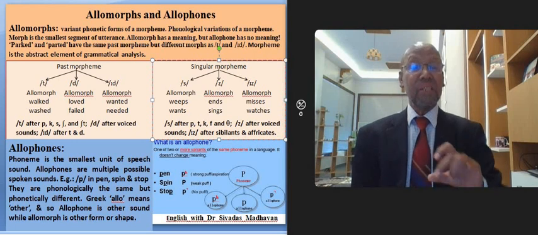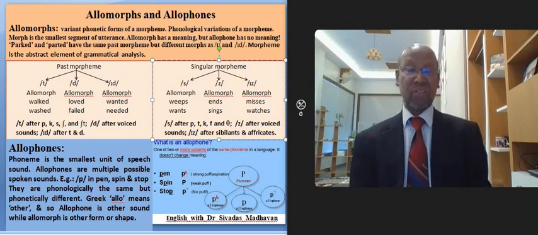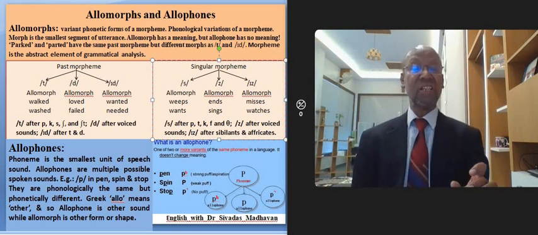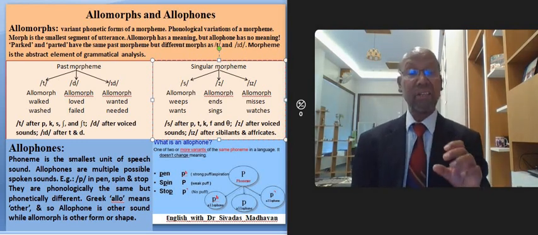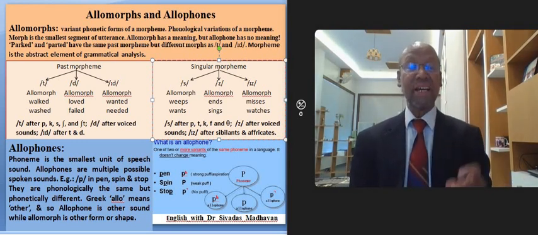And in the case of sibilants and affricates, the sibilants are s, z, sh, ch, j, x, etc. After sibilant sounds and after affricates, we use the iz sound.